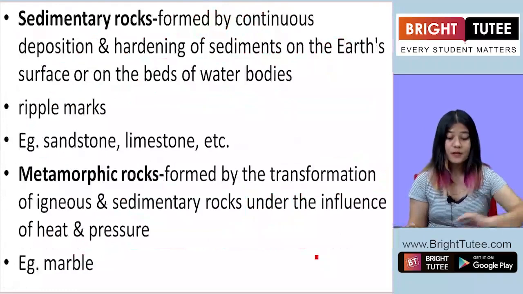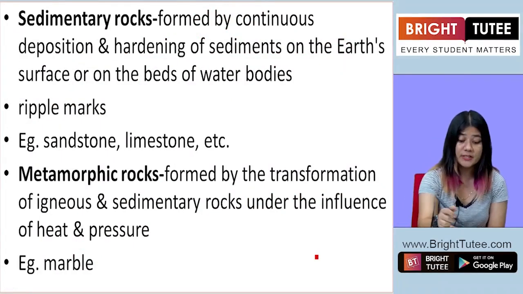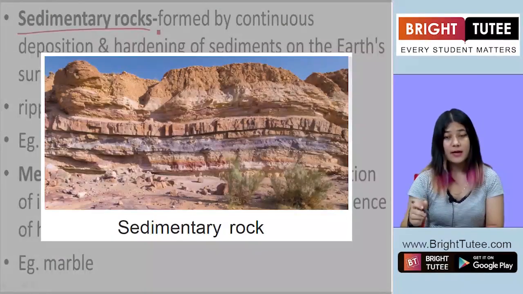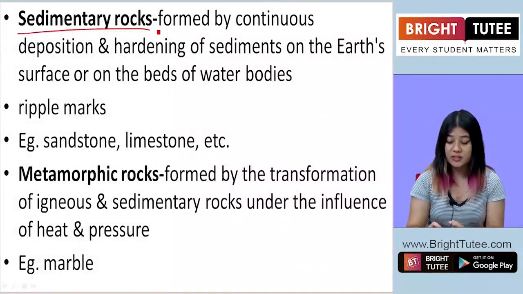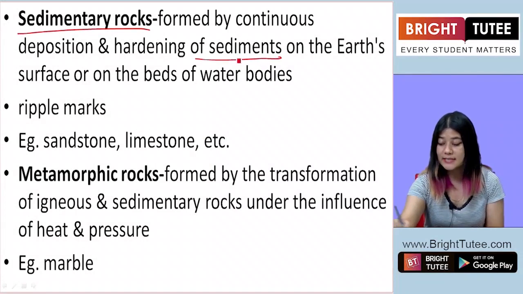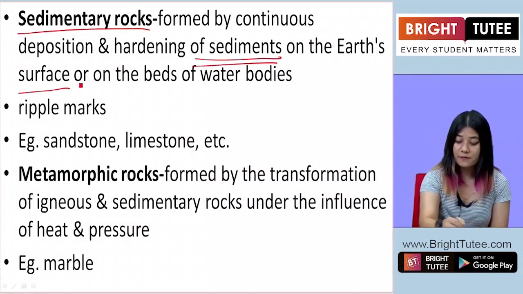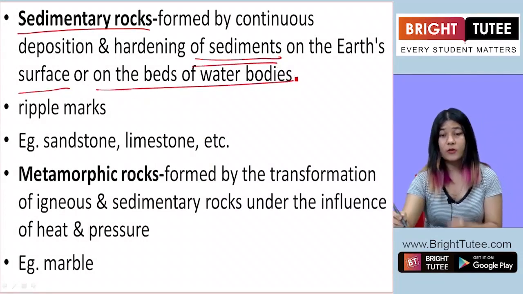The second type of the rock is sedimentary rocks. Sedimentary rocks are formed by continuous deposition and hardening of sediments on the earth's surface or the beds of water bodies.